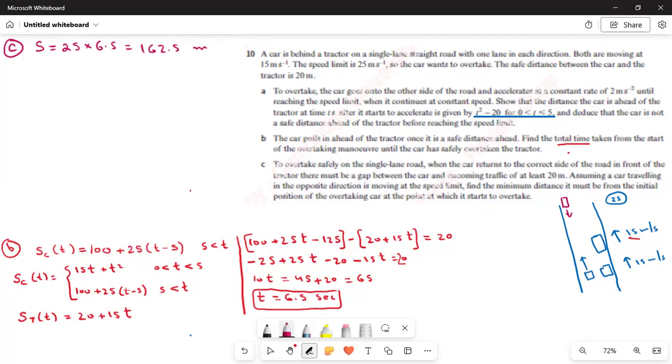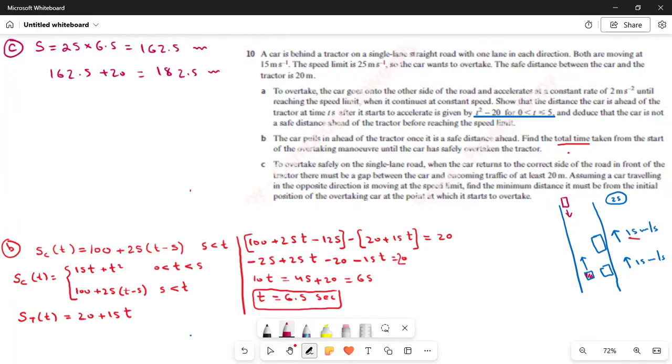Okay. Now the safe distance is 20 meter. So it should be 20 meter beyond this one. So that distance is 162.5 plus 20. That is 182.5 meter. Okay. Now in the same time, 6.5 second, this car which was overtaking has traveled some distance as well.